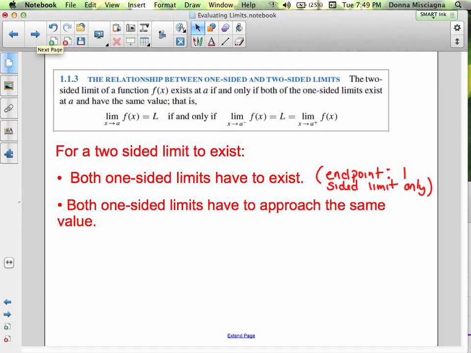Right? That's a one-sided limit only. So both one-sided limits have to exist. So endpoints are automatically eliminated from being a two-sided limit. But if we're not at an endpoint, if both one-sided limits exist and both one-sided limits approach the exact same value, right, then our two-sided limit exists. So just a little review on one-sided and two-sided limits.